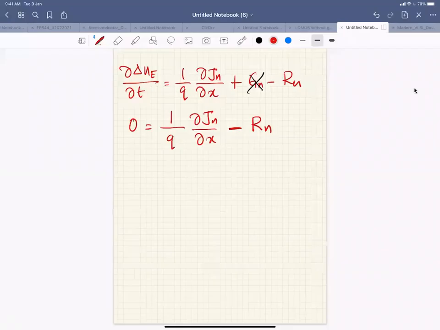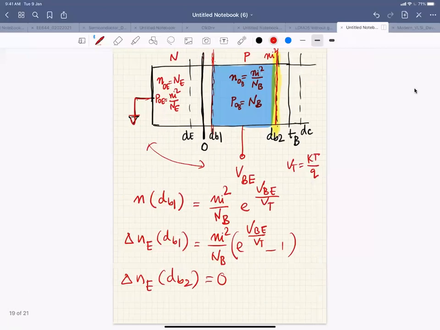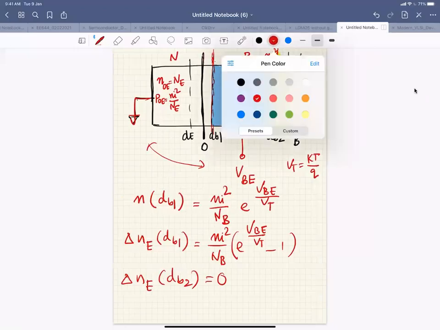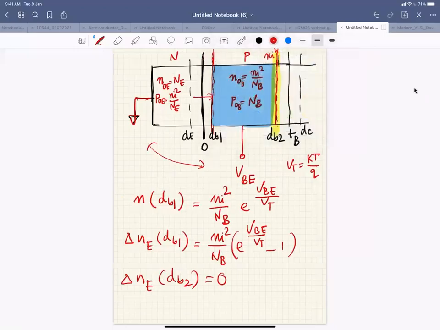But whatever carrier dynamics are happening, here we are talking about delta Ne by delta t. This means if you take this closed area in the base, what does the continuity equation tell? I'm injecting electrons, and something is coming out, and generation and recombination are happening inside that volume, right?